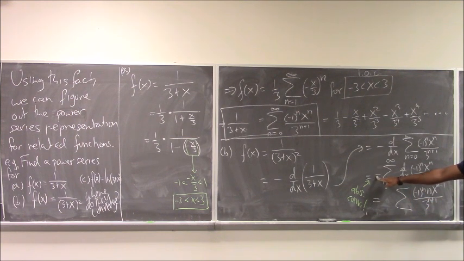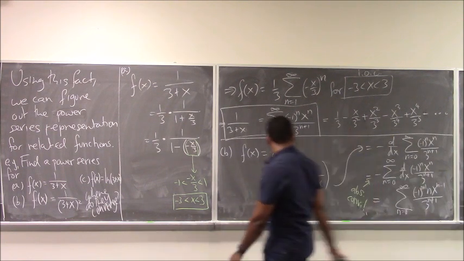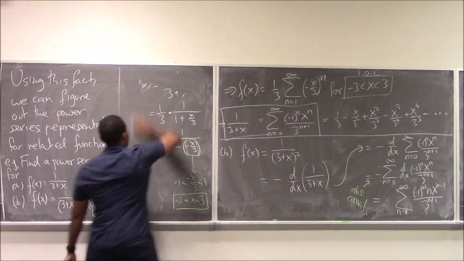And I can bring this negative, there's a negative 1 out here, I can bring it inside and say bump that power up by 1. That's the new power series.